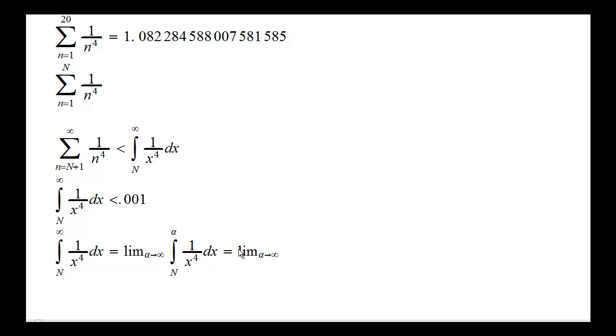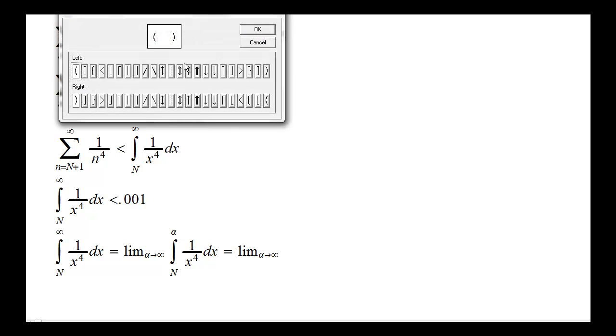And what is the antiderivative of 1 over x to the 4? We are looking at x to the negative 4, which is going to give us negative 1 over 3 x to the which power? The third power, right? Then we have the upper limit alpha and the lower limit capital N.